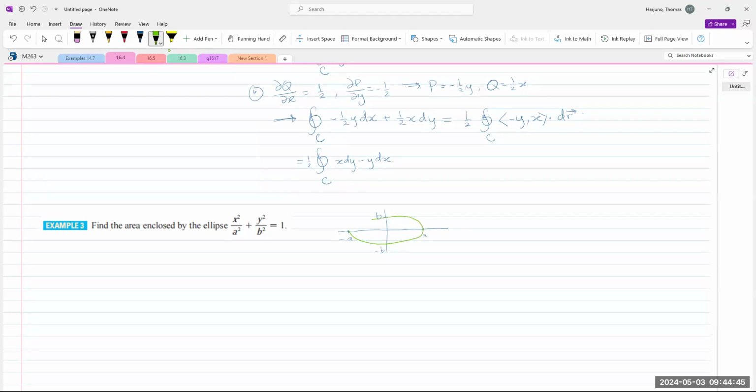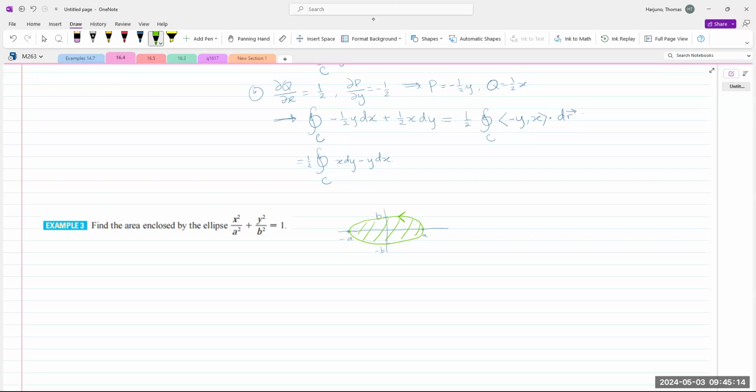So let's say that's the ellipse. Now if you want to find the area of the region it encloses, then parameterize your curve that encloses it in a way such that the region D is on the left-hand side of that curve.